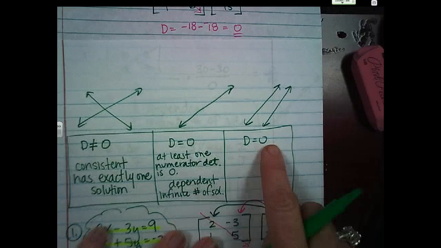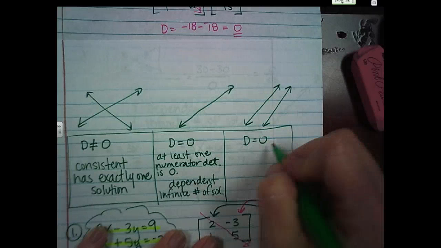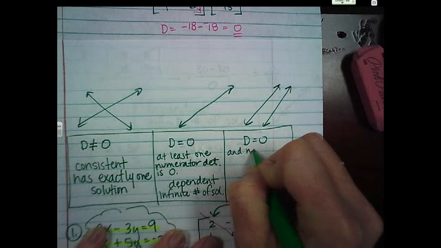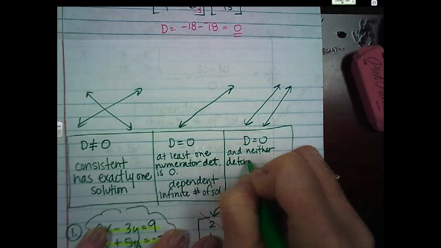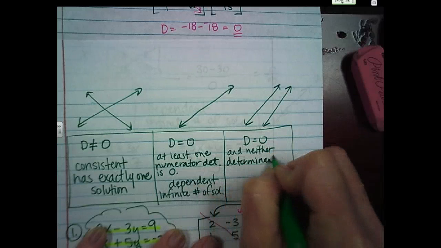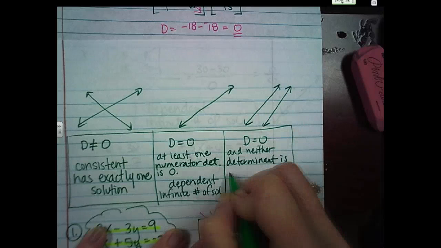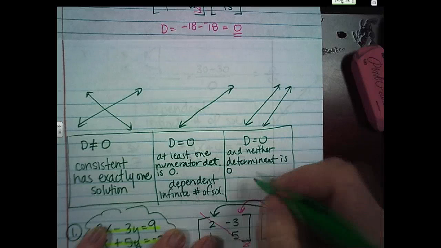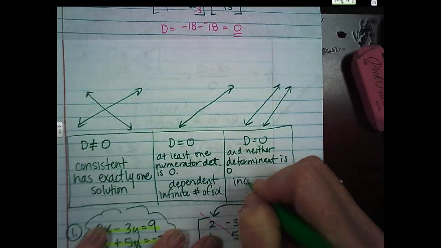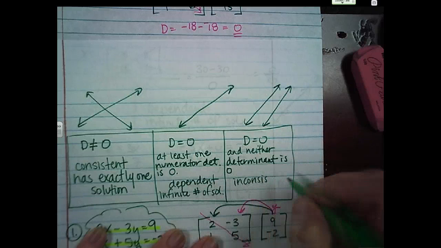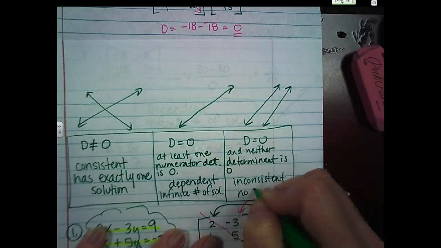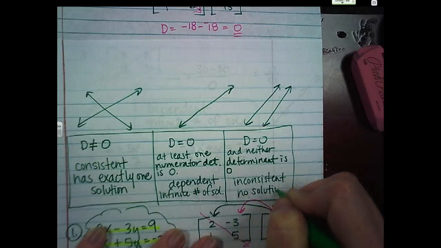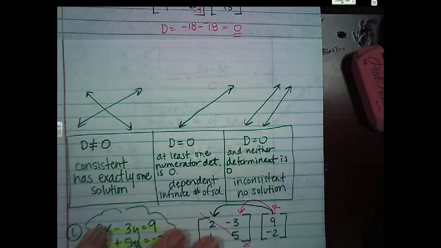So if D equals 0 and neither numerator determinant is 0, then it's considered inconsistent and no solution. So that's our last one.